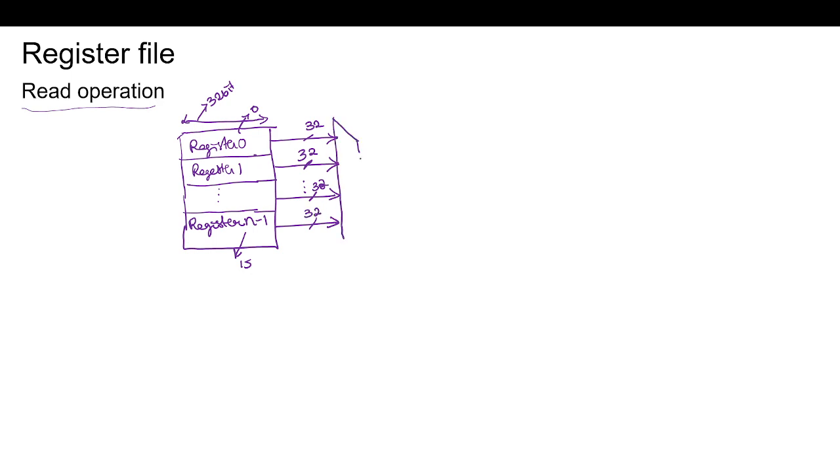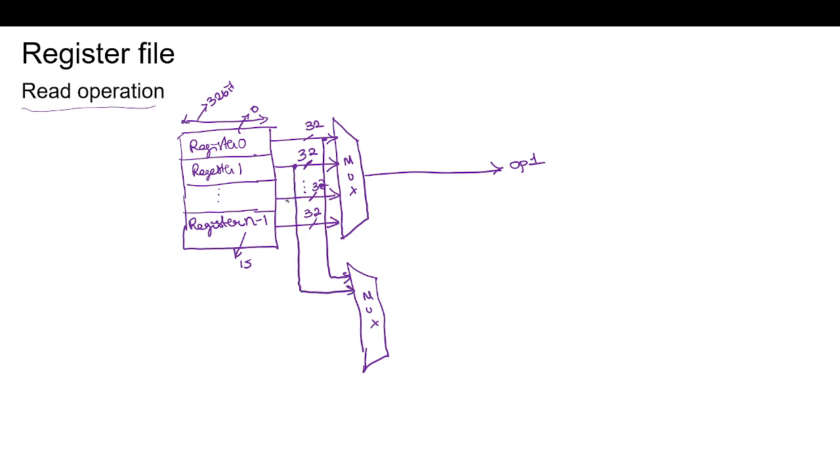We have to select one from these, and this will be our operand 1. For any operation we need 2 operands, right? So for the other operand, we need another multiplexer, and this will be our second operand.